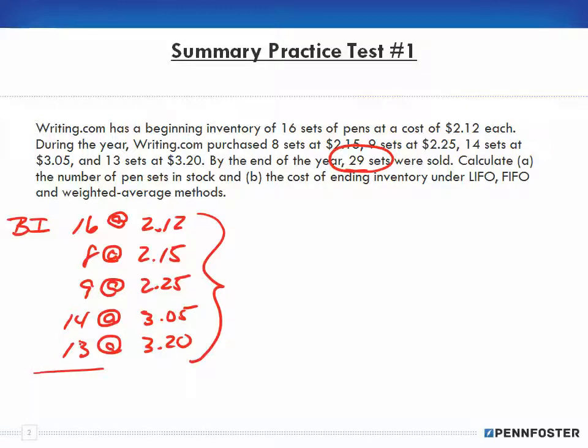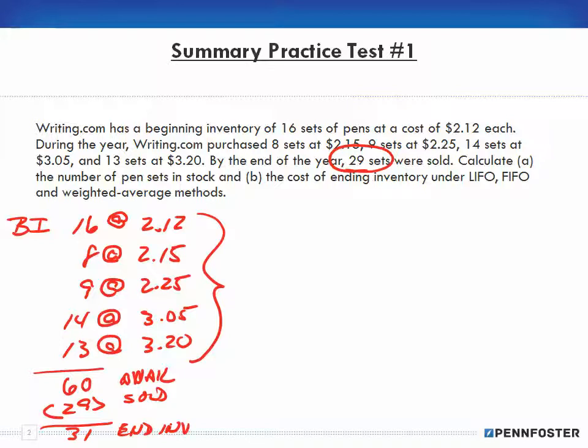We have to add these all up, and that comes out to 60. So 60 were available, and we sold 29. That means we have 31 as our ending inventory. That's what's still in stock.